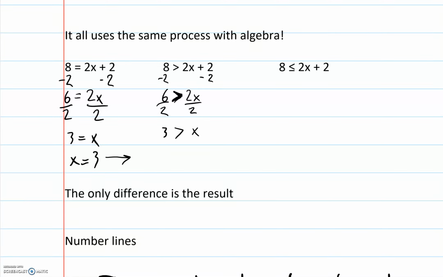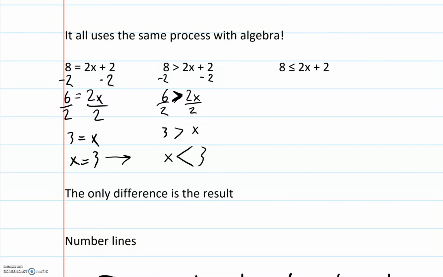Now we cannot flip it around and say x is greater than 3. That doesn't work. If you're going to flip it, you have to have x is less than 3. The side that's smaller is pointing towards x there, so it needs to be the smaller side pointing towards x here. So if you're going to flip it, you have to flip the sign too.